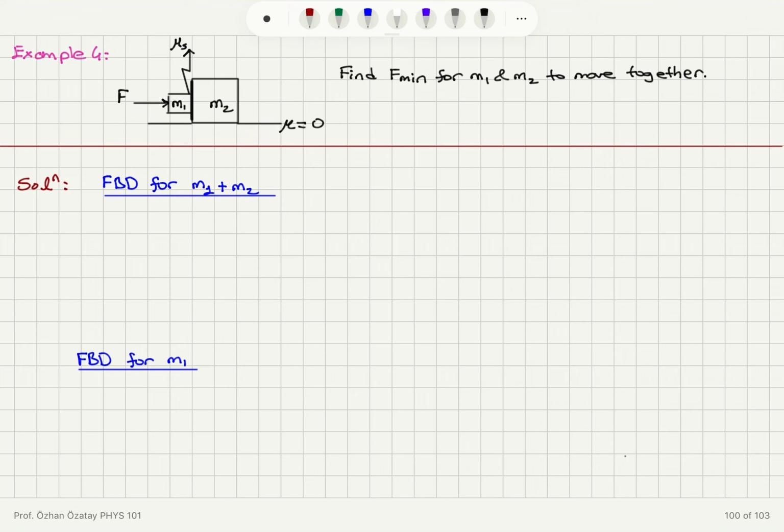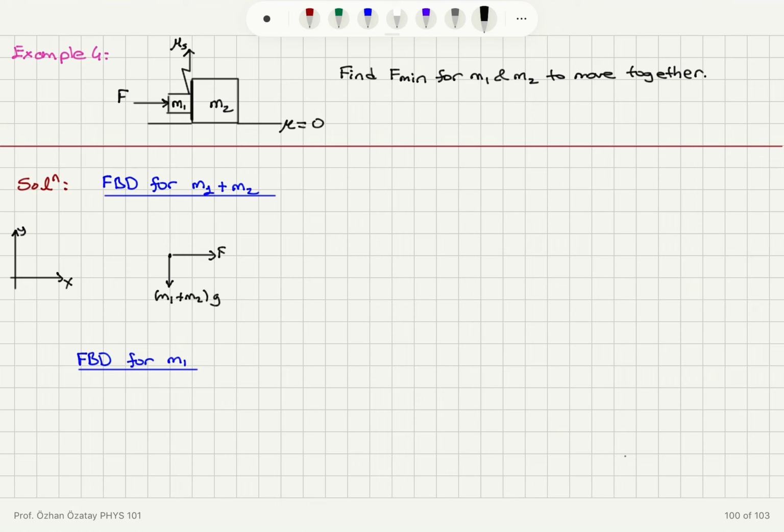Now, I'm going to draw a free body diagram for the combined system M1 and M2. So here is y-axis, here is x-axis. M1 plus M2 modeled as a particle here feels a force F to the right. There is the weight (M1 plus M2)g, which is pointing down.